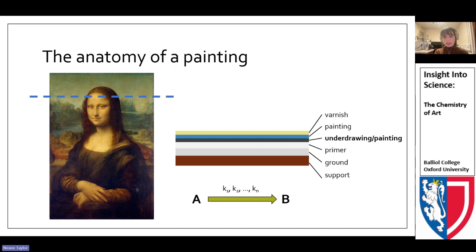So this is something that makes the ground easier to work with if you're doing a painting, for example, and is something that the paint will stick to very nicely over time. Finally, a lot of artists will do an underdrawing or painting of some kind of their sort of plan. And then we get, sometimes not many layers of paint, sometimes lots and lots of layers of paint, and some kind of a varnish on top. So this is usually a shiny plastic-like layer that helps protect the painting underneath.